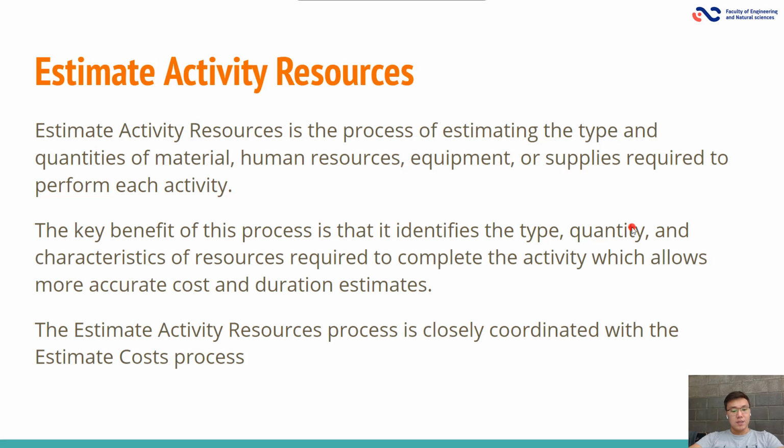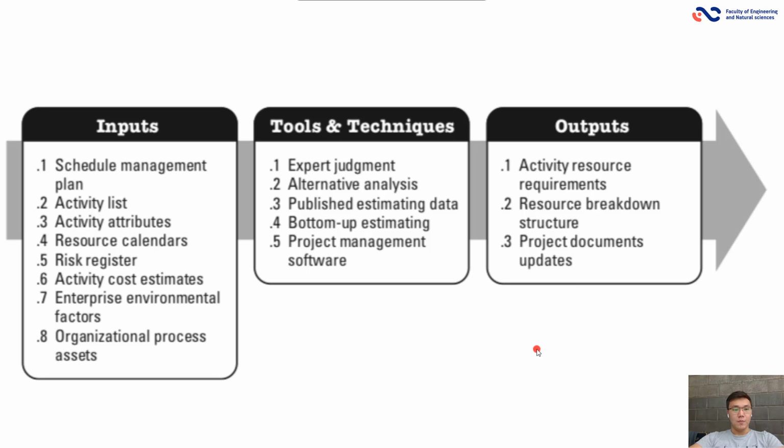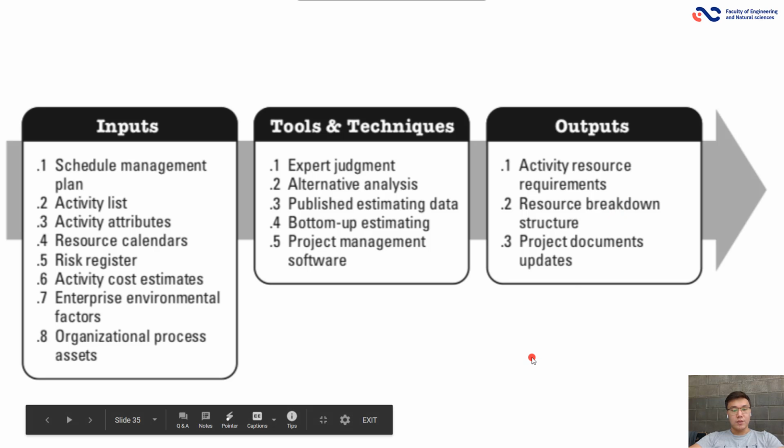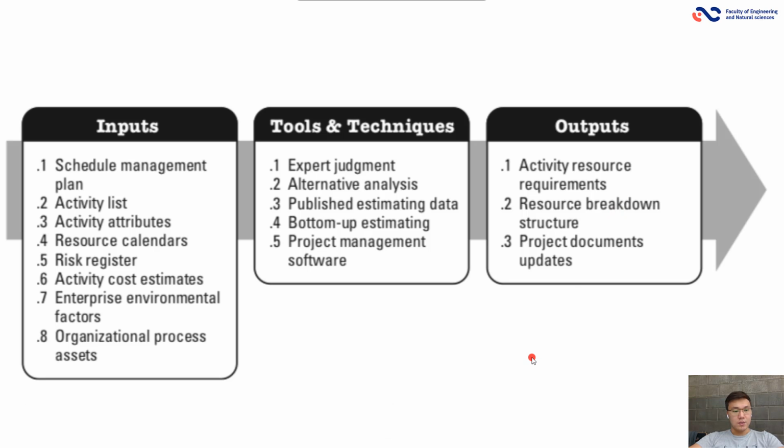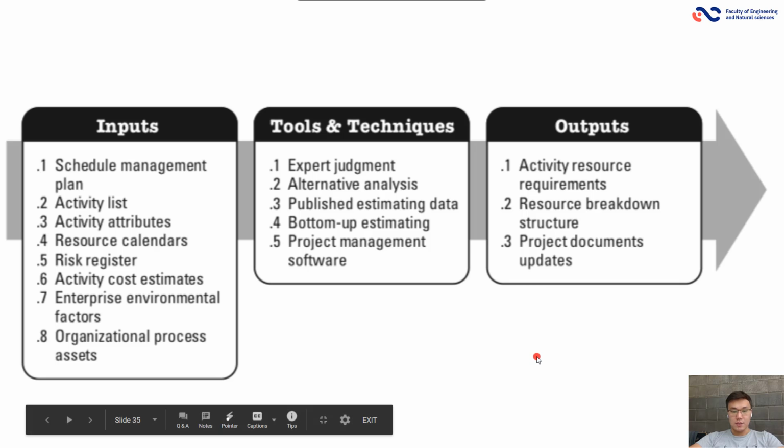Fourth one is estimate activity resources. Estimate activity resources is the process of estimating the type and quantities of material, human resources, equipment, or supplies required to perform each activity. On inputs, you have schedule management plan, activity list, activity attributes, resource calendars, risk register, activity cost estimates, enterprise environmental factors, organizational process assets.